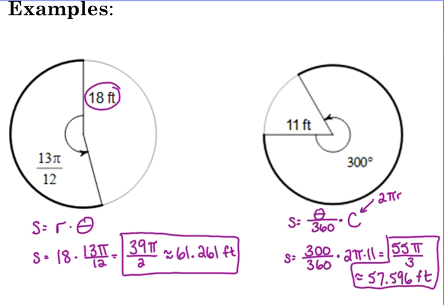Now, let's think about this for a second. Make sure that it makes sense. Okay, the arc length here is a portion of the circumference. We're talking about this part of the circumference. So if we found the circumference of this whole circle, let me look at the one on the left first. Circumference is 2 pi r, so 2 times pi times the radius, so it's 36 pi.